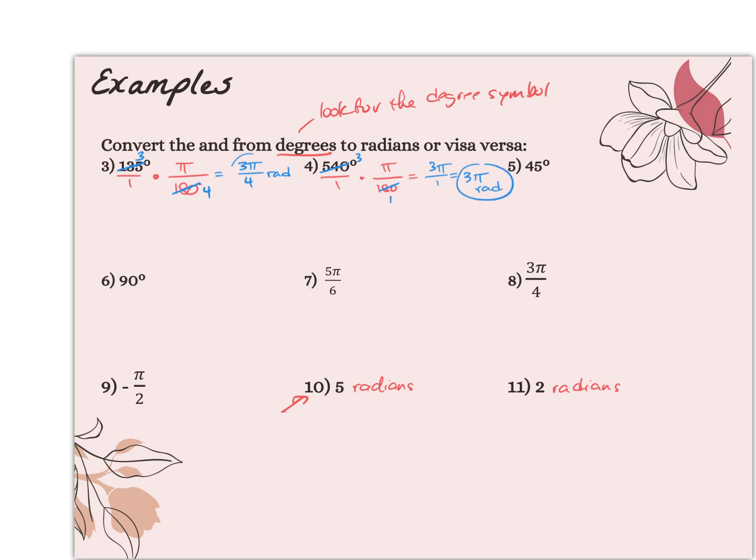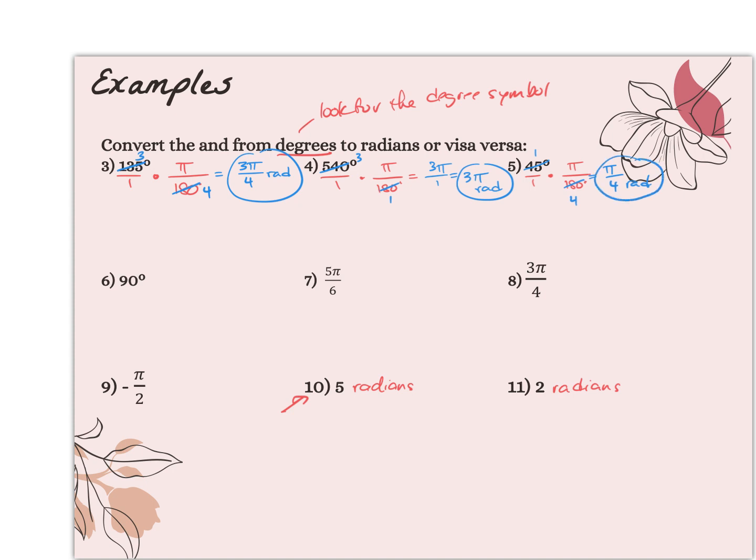That's my answer. The next one is 45 degrees. So I know I'm going to multiply by pi over 180 degrees. 45 goes into itself once, and it goes into 180 4 times. And so my answer is 1 pi over 4 radians.